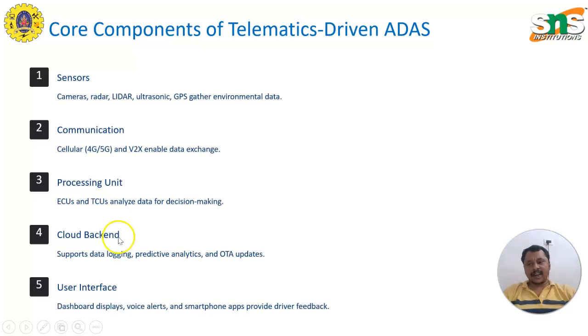And the cloud backend is a very important thing, which helps the vehicle to store data in the cloud server. The data can be driving data, GPS data, and driver data. Everything will be stored in the cloud. This cloud also stores the vehicle's data, and the cloud backend has the OTA updates.